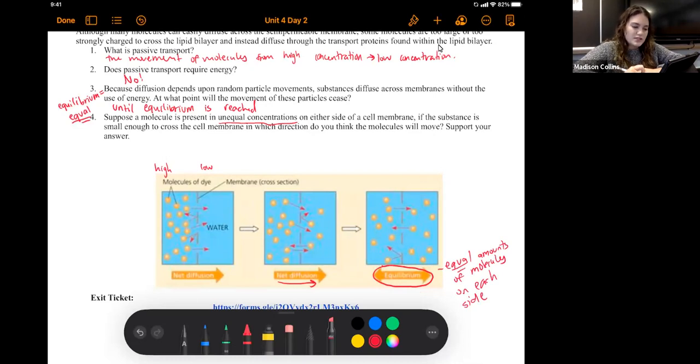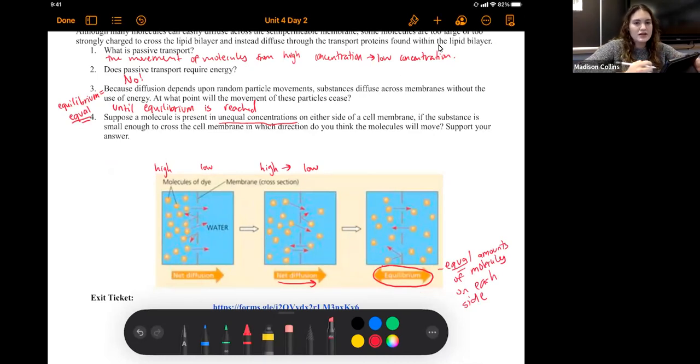The question is, if the substance is small enough to diffuse across that cell membrane, which direction will the molecules move? So we see here that they're going to be moving from an area of high concentration to low concentration until equilibrium is reached.